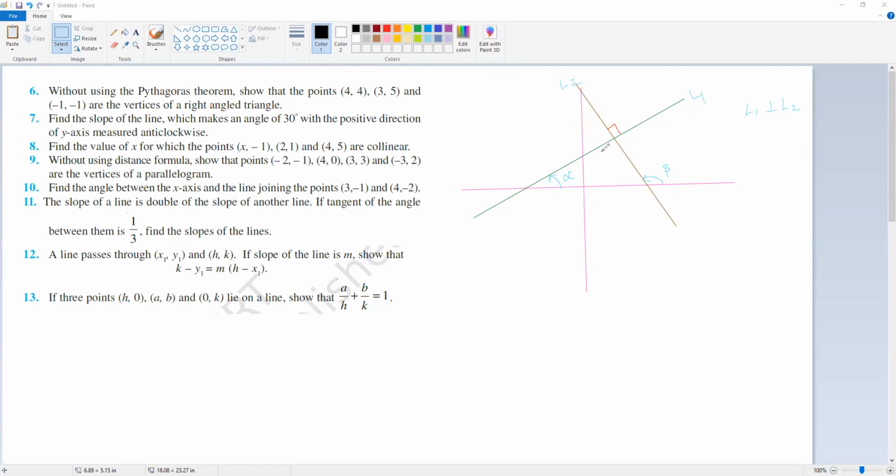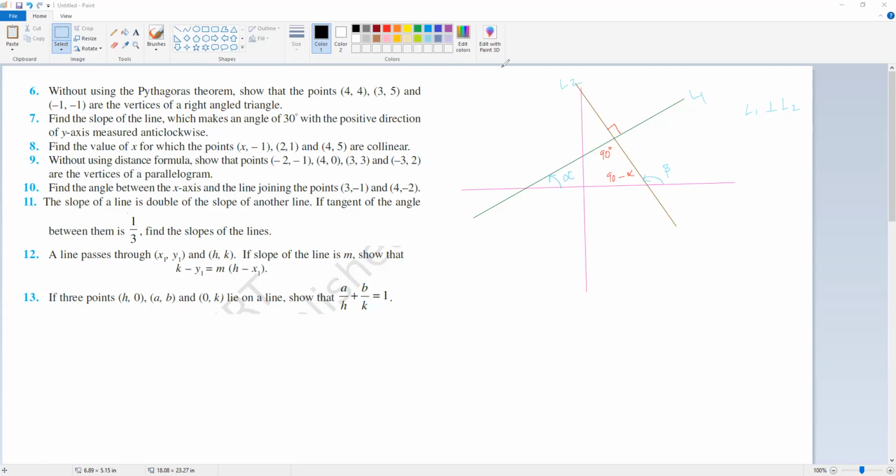Then this is also 90 degrees, correct? Vertically opposite angle. This will be 180, so it can be done in two ways. We can say this is 90, this is alpha, so what will this be? 90 minus alpha, right?